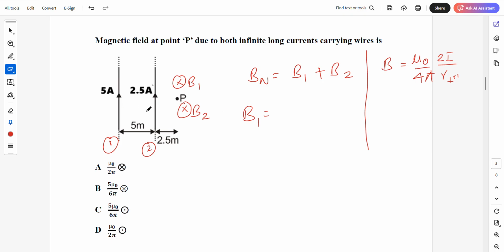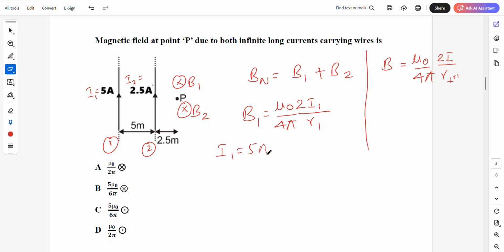Now for the first current carrying conductor, that is infinite, we have mu naught by 4 pi into 2 I1 by R1. I will call this I1, and this I2, which is 2.5.